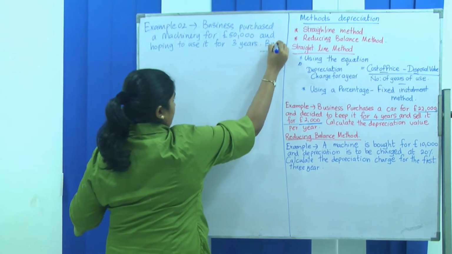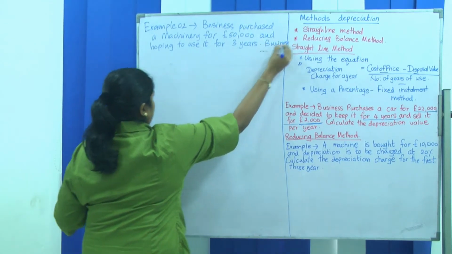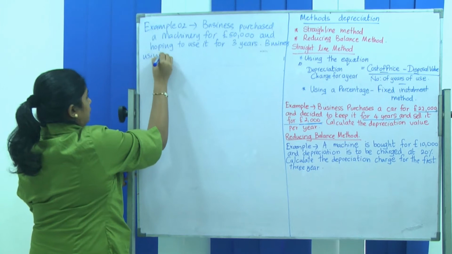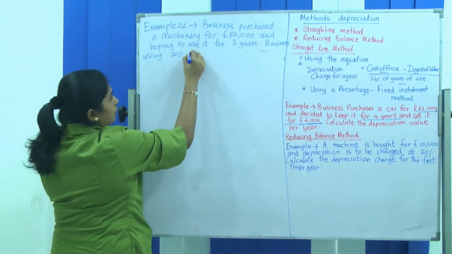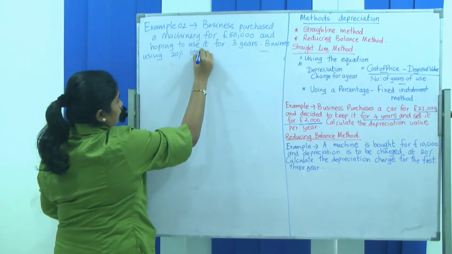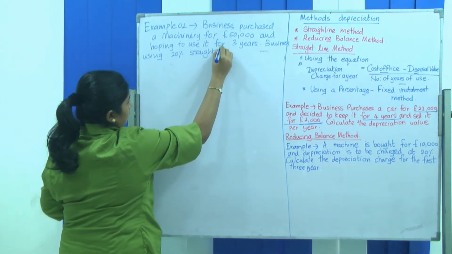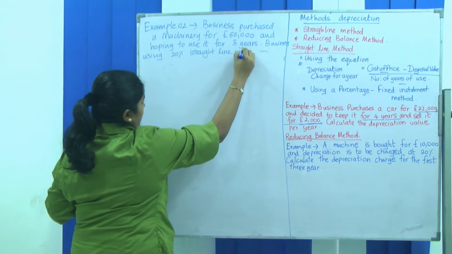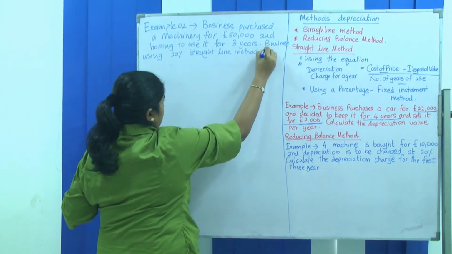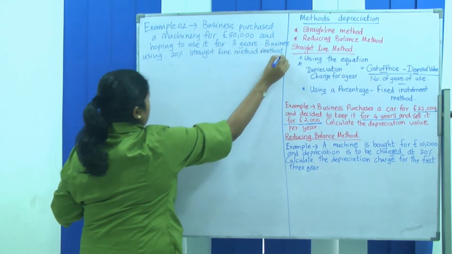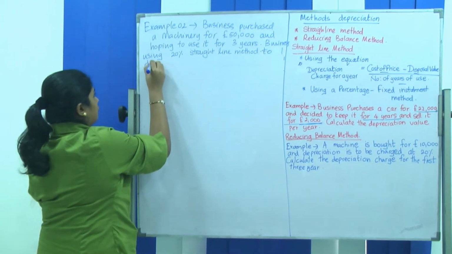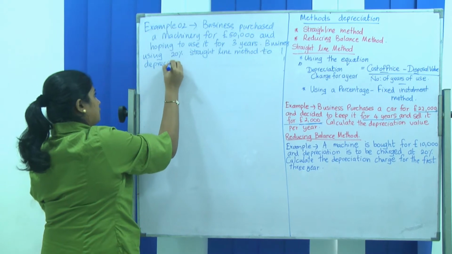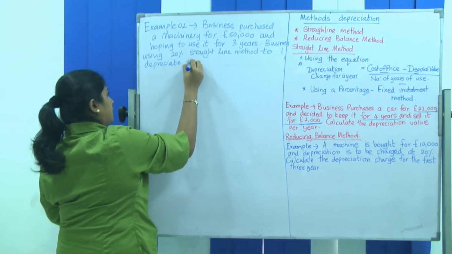The business is using the 20% straight line method to depreciate the assets.